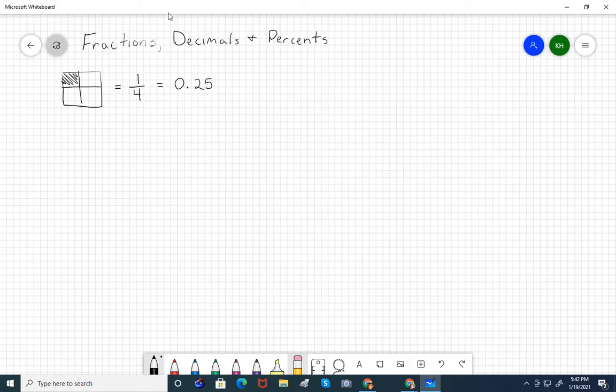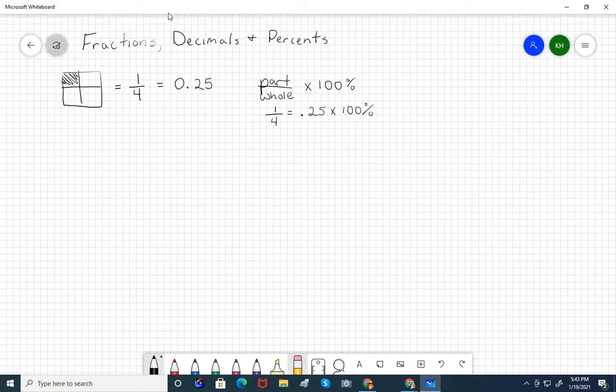In order to get a percent, we do part over the whole, and then we have to multiply it by 100. So if we think of percents being part compared to the whole times 100, in this case, it'd be 1/4, which we already know is 0.25, times 100%.